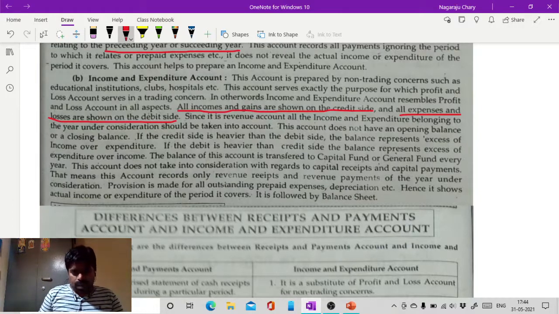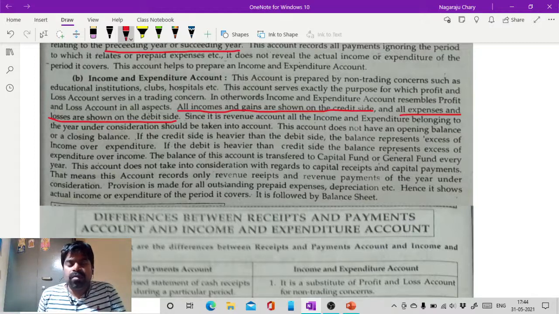Here all the revenue items are to be recorded. What are revenue items? Whatever is repetitive in nature is to be recorded here. Capital items are not to be recorded here.